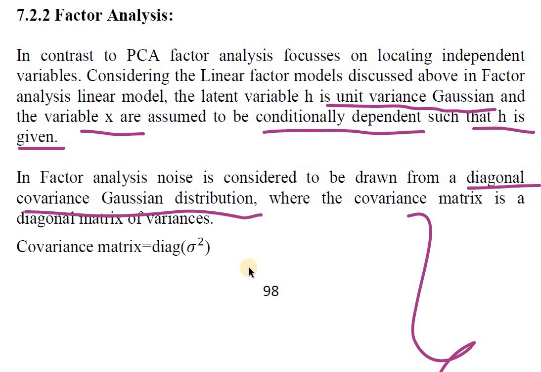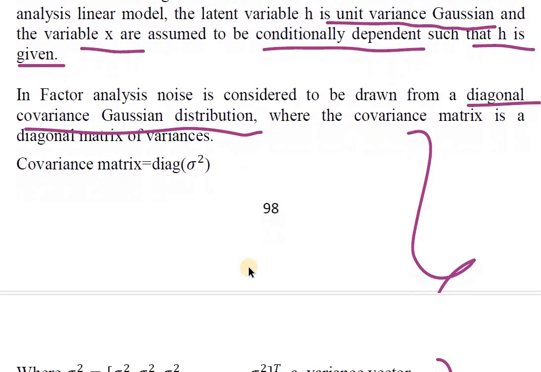Now we go ahead with another term which is called factor analysis. Factor analysis typically focuses on locating independent variables. So H is again unit variance Gaussian, and X variable is supposed to be conditionally dependent such as H is given. So factor analysis में जो noise consider होता है वो होता है diagonal Gaussian distribution noise.